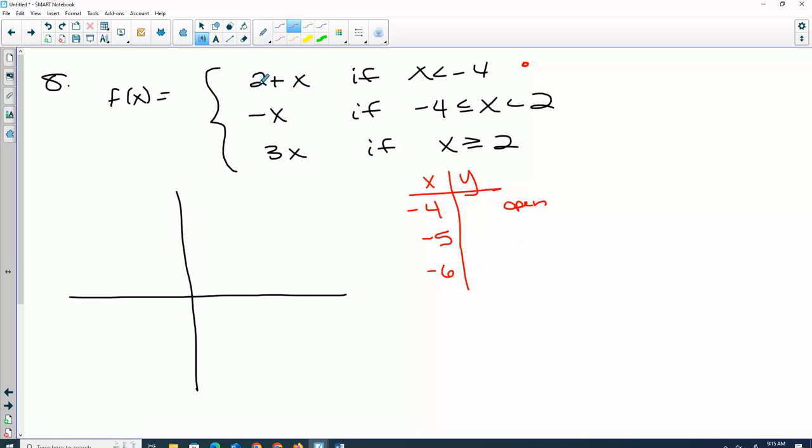Okay, so 2 plus -4 is -2, 2 plus -5 is -3, 2 plus -6 is -4. -4, -2 is open. -5, -3, -6, -4. So it started here. It continued for all x's less than that, so it just keeps going.